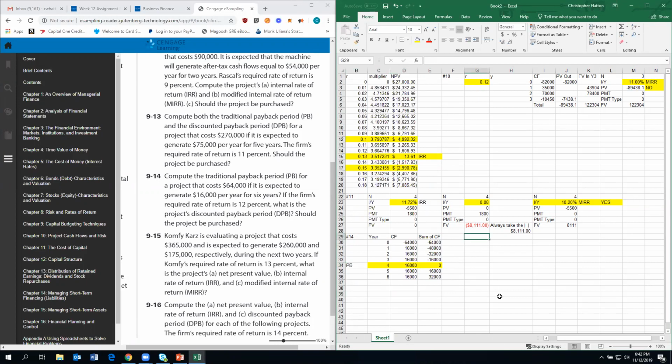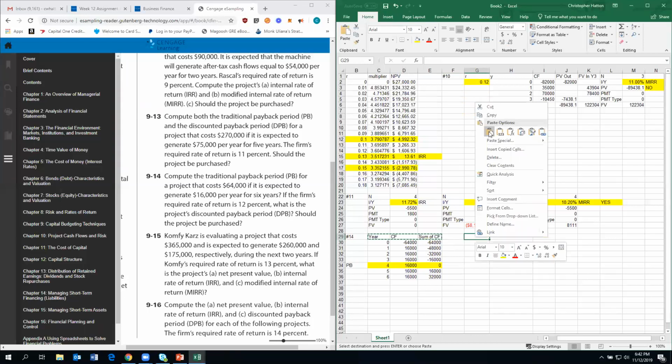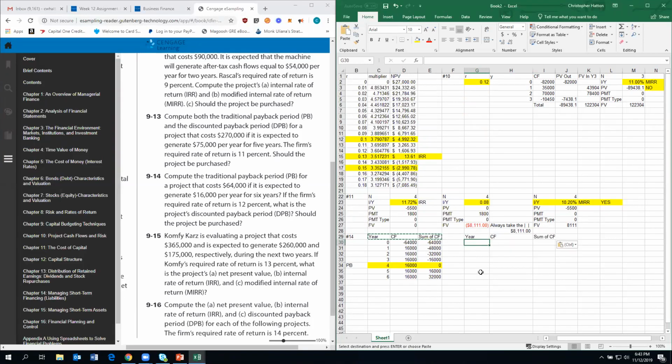Now, getting discounted payback, we have to use the same concept here, but we got to take the time value of each one. So I'm going to do it the long way, but if you can handle your own shortcuts, please do. But I want everyone to see how to do this the long way. All right, now we have present value of cash flows. That one's going to stay the same.